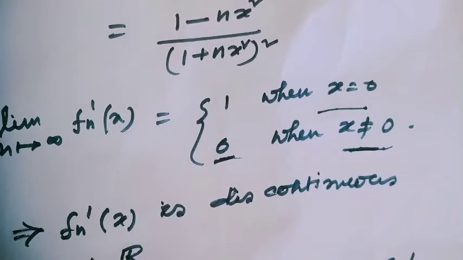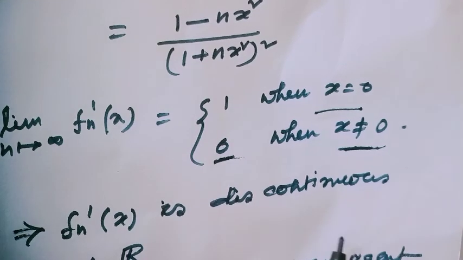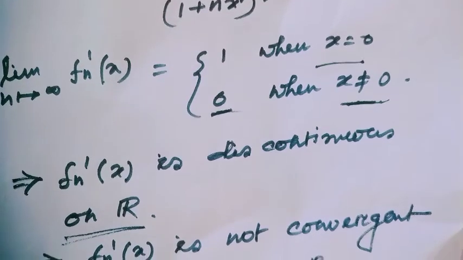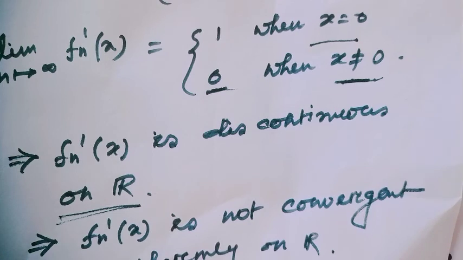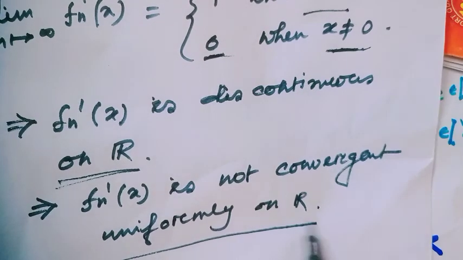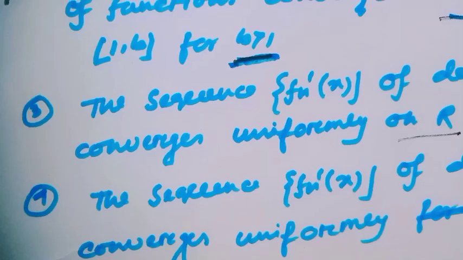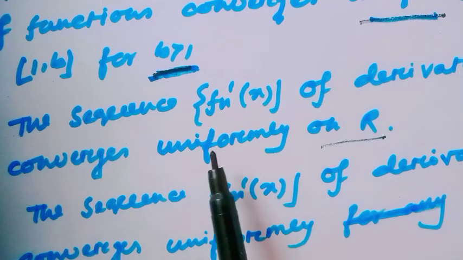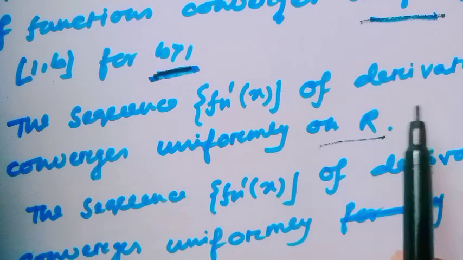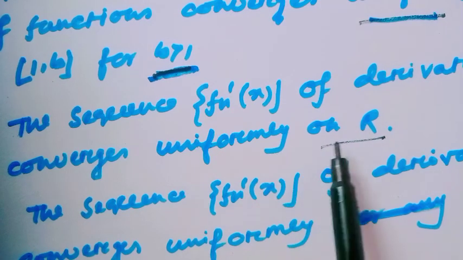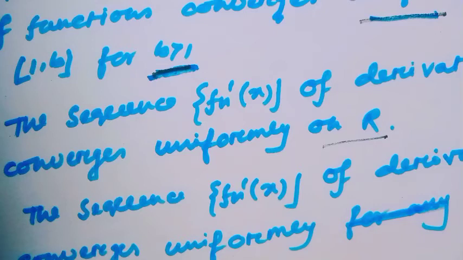That implies the limit of f_n'(x) is a discontinuous function on the whole real line. That means f_n'(x) does not converge uniformly on R. Option 3 is a wrong option.